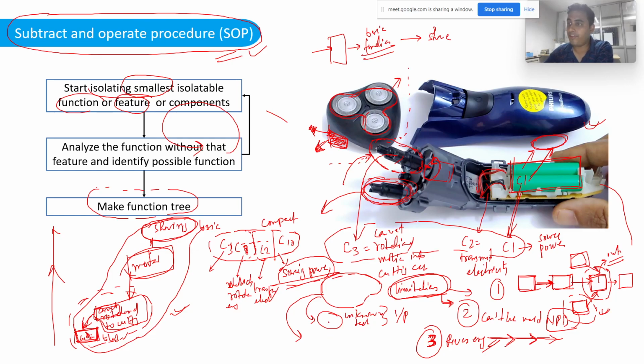For example, some product failed in the market. You know that when the iPhone 6 initially came, there were some issues like the phone getting curved when you put it in a pocket. The initial models faced this issue, and there were a lot of reports.